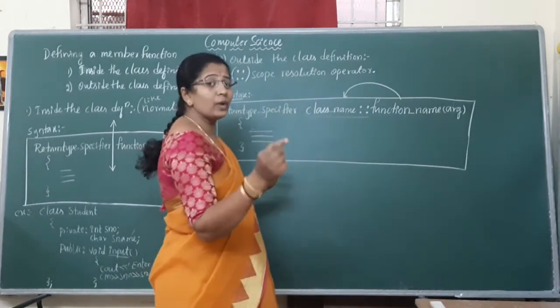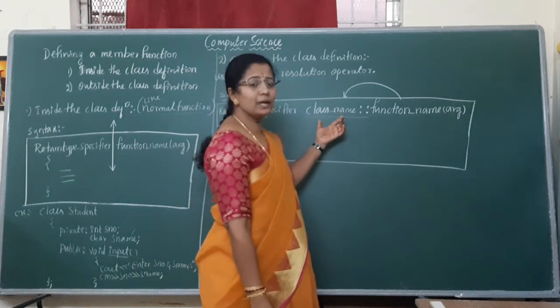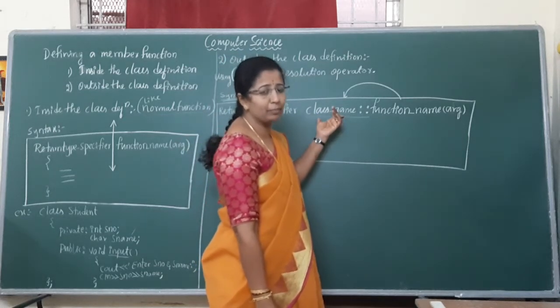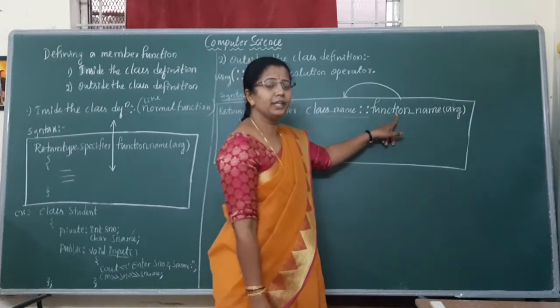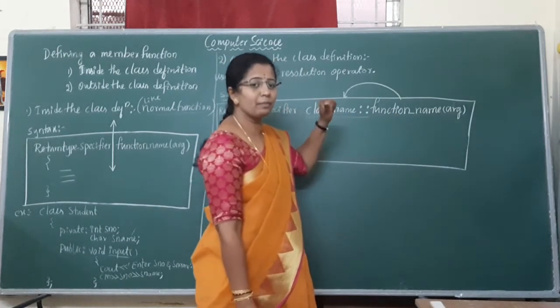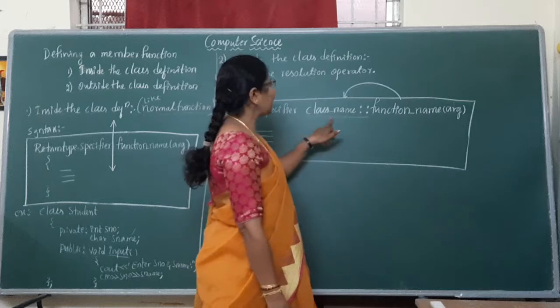For that, what are we giving? Membership identity label, in front of the member function. What is the membership identity we have given? Class name.